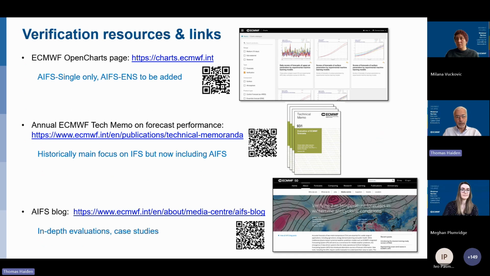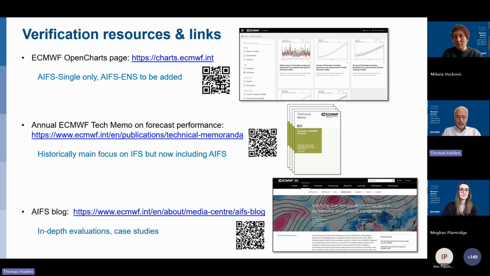And this is my last slide, just to summarize what other verification resources and links we have. There's the ECMWF open charts page you already know by now. Be aware that it only contains verification on the AIFS single at this point, and the AIFS ensemble still has to be added.